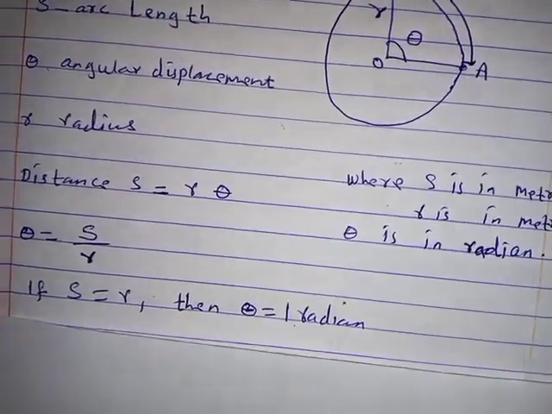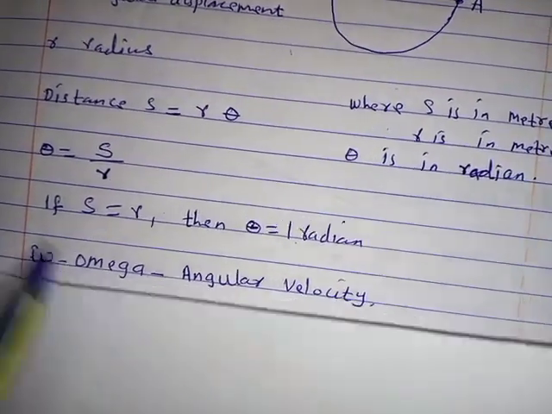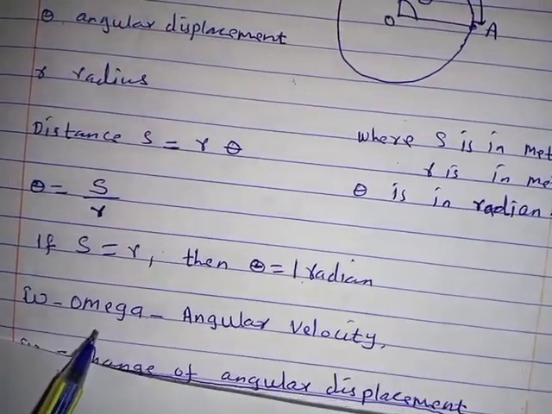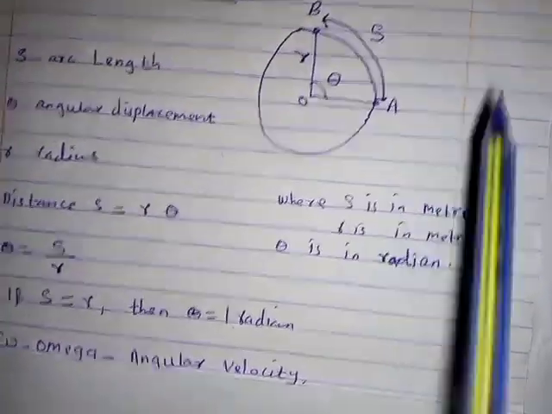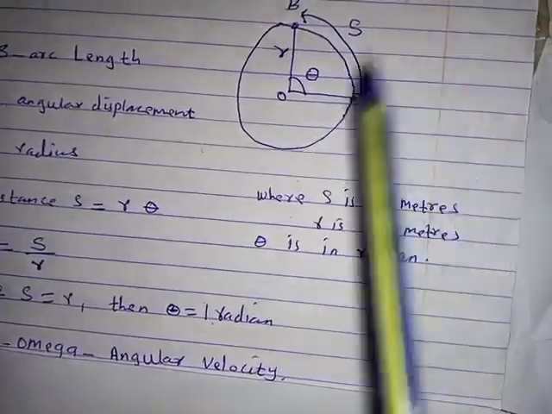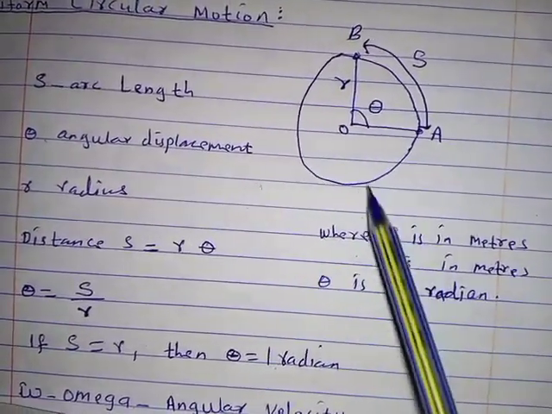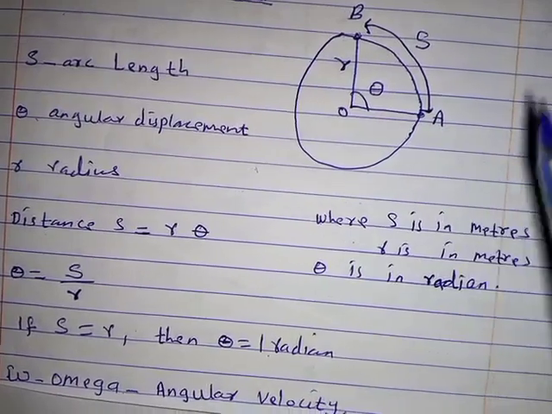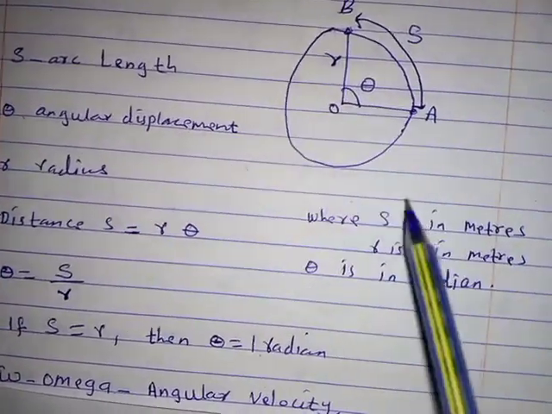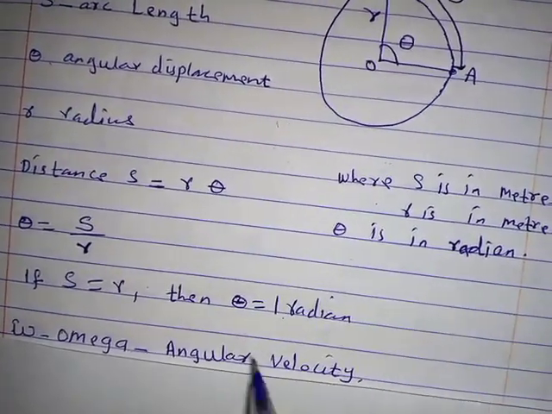Now, we look at angular velocity. As the body moves, it has speed. As the body moves in a circular path, it covers a distance, and that distance per time is what is referred to as angular velocity.